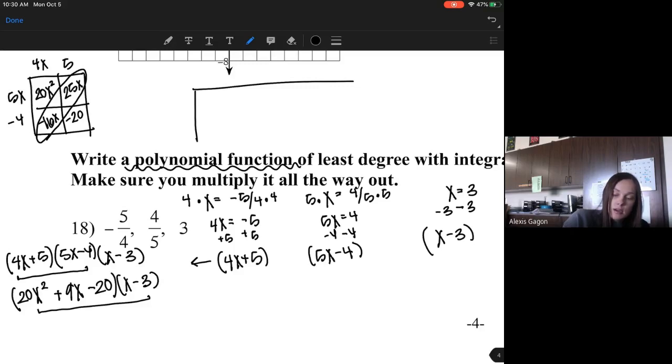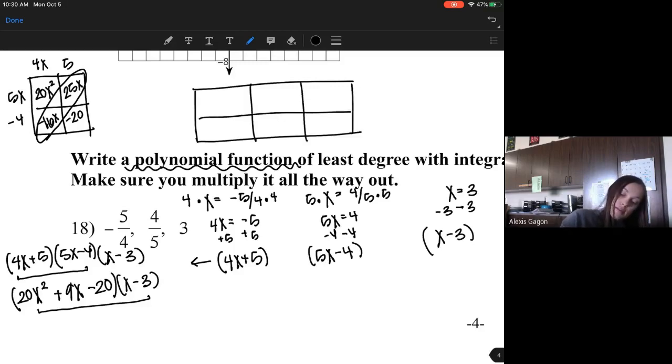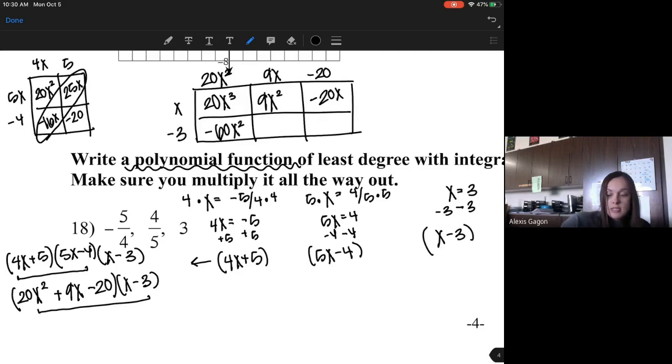So I have x minus 3, and I have 20x squared, 9x, and negative 20. So this is going to be 20x cubed, 9x squared, negative 20x, negative 60x squared, negative 27x, and 60.